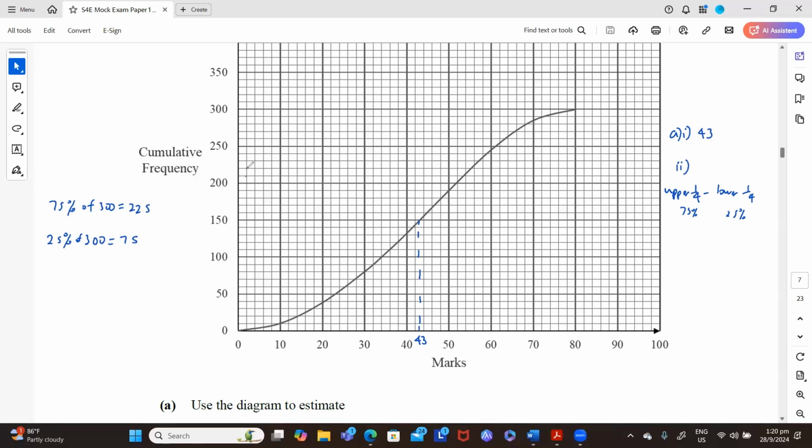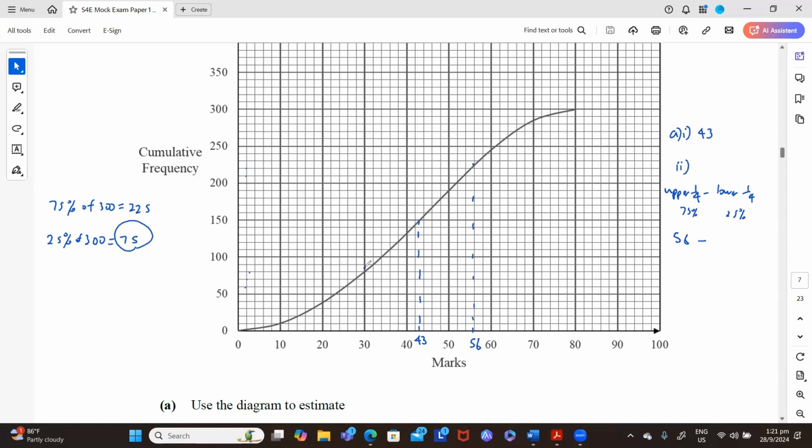So this 210, 220, 225 has to be in the middle over here. At this point here, trace it down. So you will get 56 for the upper quartile. You're going to subtract the lower quartile. The lower quartile is at 75, so 50, 60, 70, so 75.